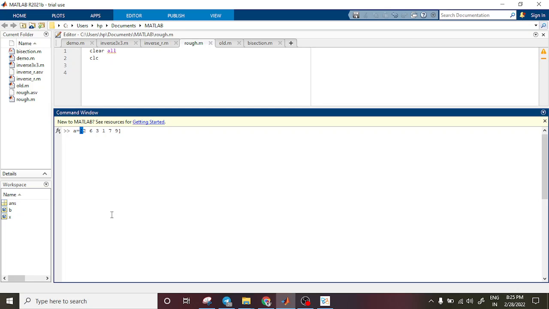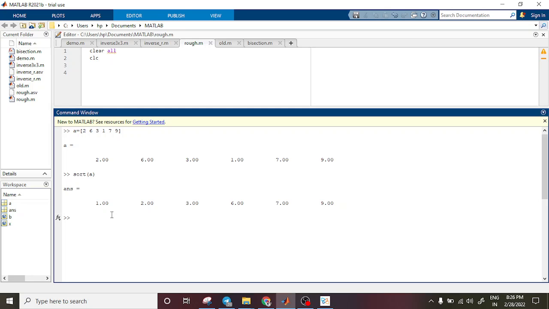So these are not in increasing order or decreasing order, so I will have to sort them. If I have to sort these numbers, I will write down SORT of a. Now you can see 1, 2, 3, 6, 7 and 9, in increasing order. It's writing in increasing order.